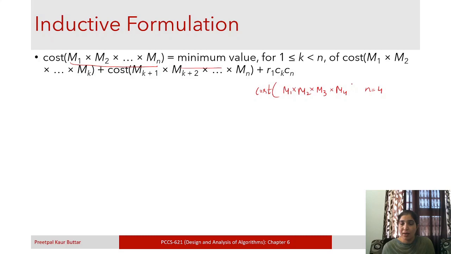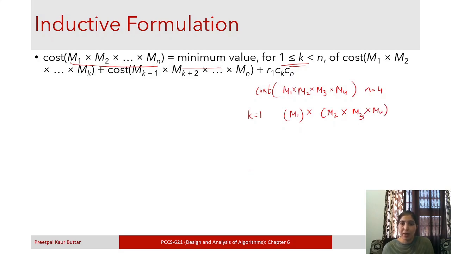We want to minimize the cost. The minimum cost can be chosen by varying the value of k. When k is 1, k is starting from 1, it means the first subproduct is m1 and the second product is starting from k plus 1, that is m2 to m3 to m4.